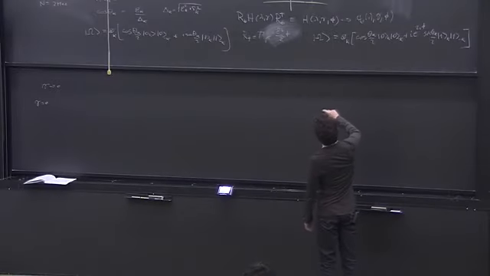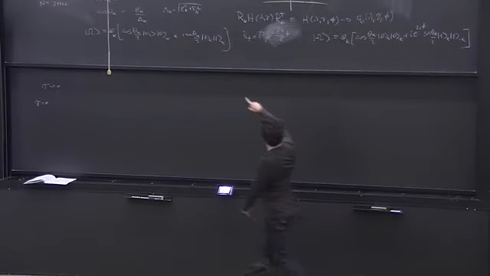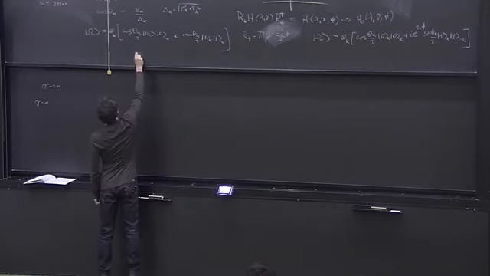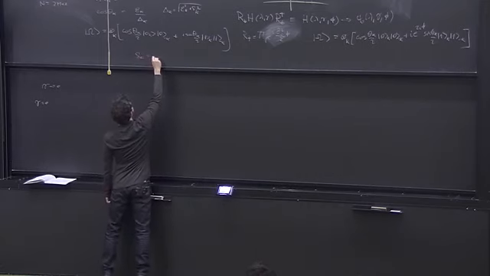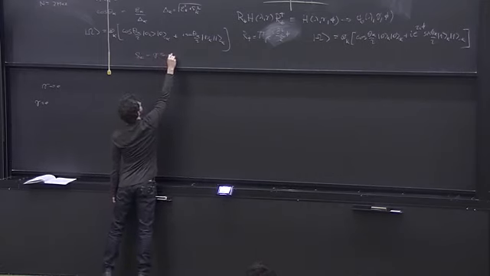This small delta k, which I didn't write, is equal to gamma sine k.